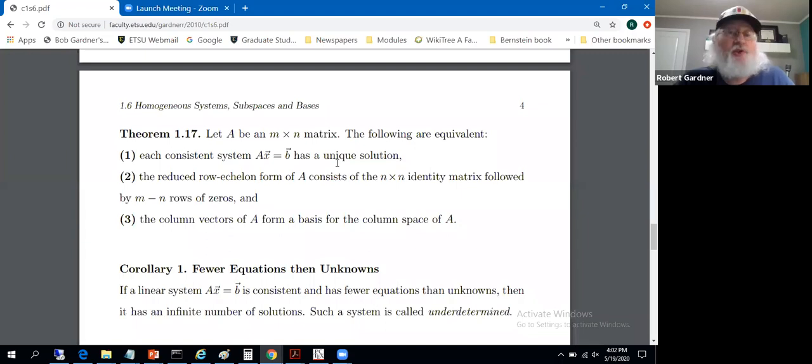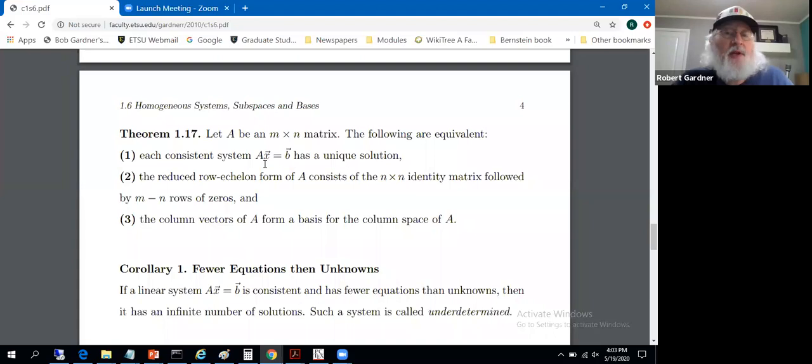The second condition is the reduced row echelon form of A consists of the n by n identity matrix followed by m minus n rows of zeros. Yeah, that's what would happen here. Every column would have a pivot. First column, 1 followed by a bunch of zeros. Second column, 0, 1 followed by a bunch of zeros, and so forth.